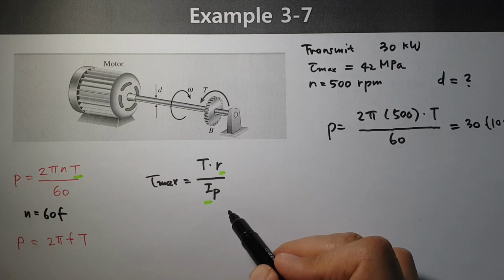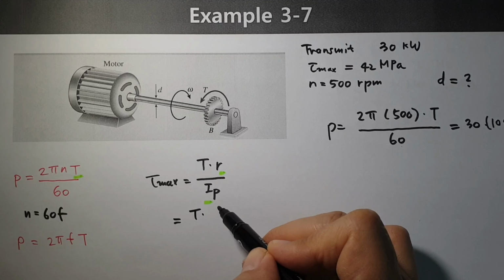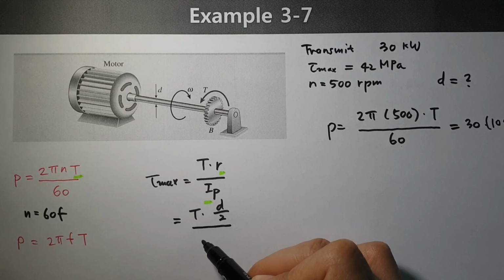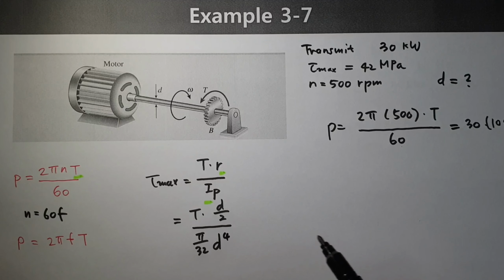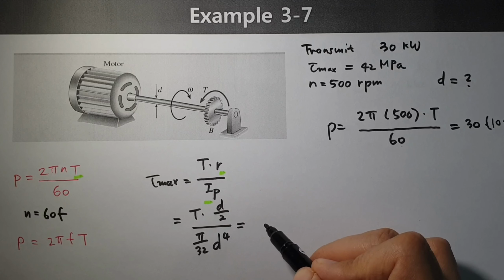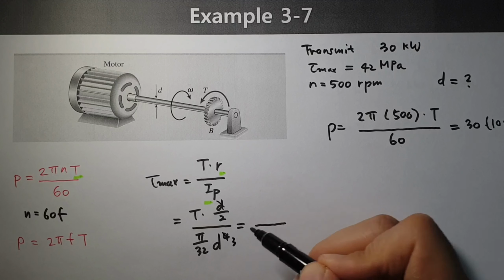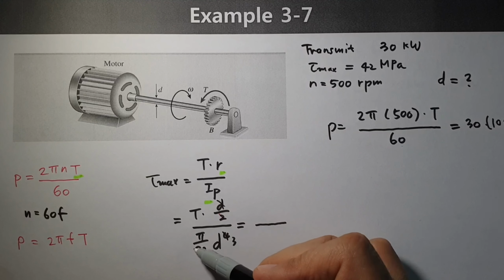Then let's focus on this one. Tau max equals what? T over 2. IP equals what? Phi over 32 D exponential 4. Then you can change this formula a little bit. D is deleted, just 1, 3, and this one also 16.